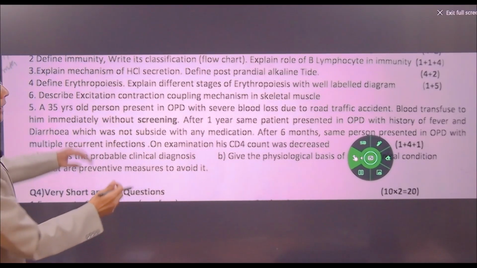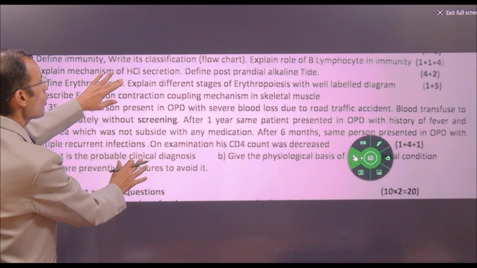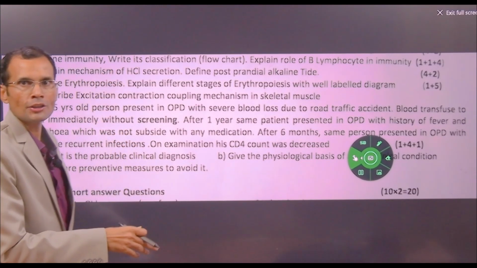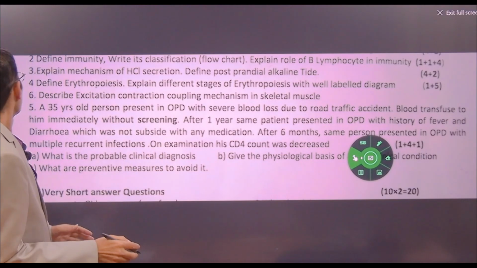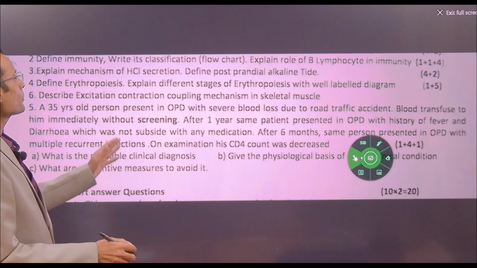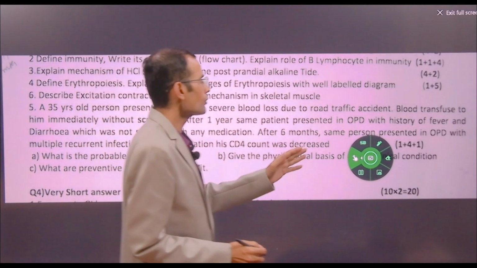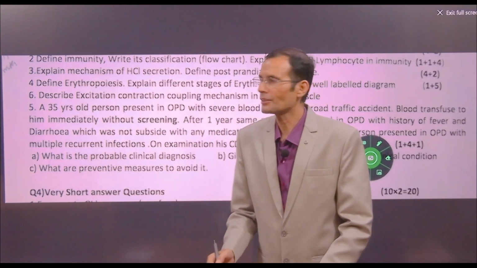Okay, I'm trying to just make it more visible. If it is not, I'm reading it out. A 35-year-old person presents in the OPD with severe blood loss due to road traffic accident.